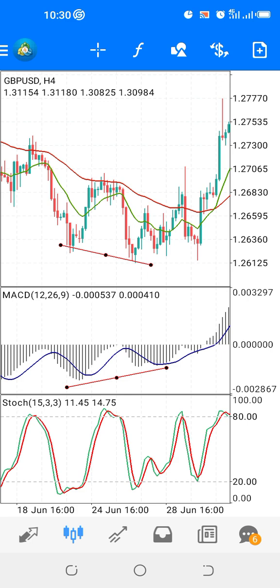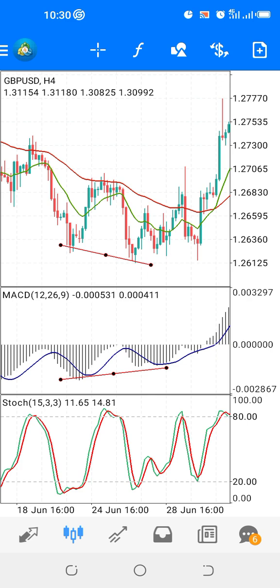You see, price is going down, but the oscillator, the MACD oscillator, is moving what? Up. It shows that a divergence is taking place.